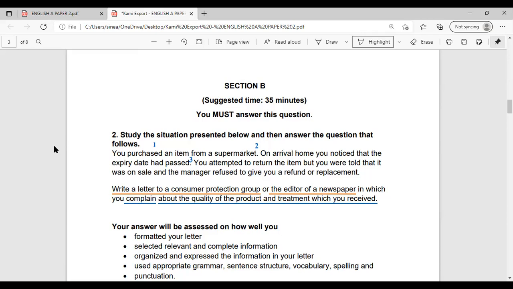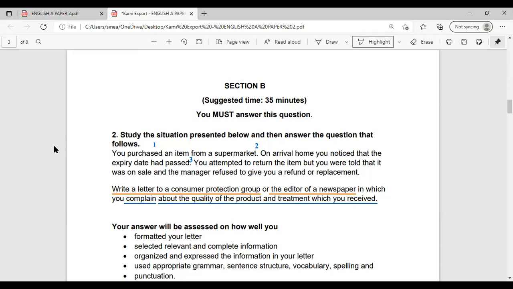So you were given an option here, and the option is saying you can write to a consumer protection group, which in our country is Consumer Affairs. You have a right to complain about any goods that you are not satisfied with. So understand who they are asking you to write to.